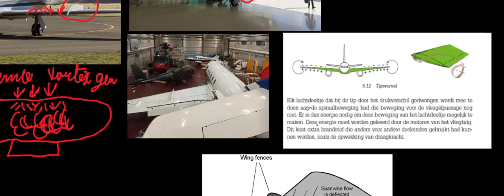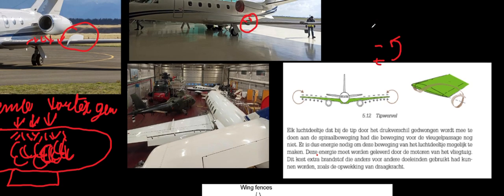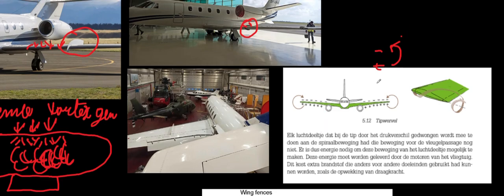Now, spanwise flow is when air travels over the wing, and then at the end, at the wingtip, especially, that's where it's the biggest problem, is when our lower pressure on the top of the wing, which is the main thing that creates our lift, meets our higher pressure. And the higher pressure, of course, directly wants to go to lower pressure. And we get this big part of induced drag, like this spiral we can see here. And that's a big problem.